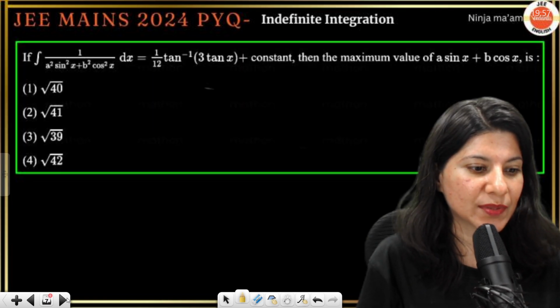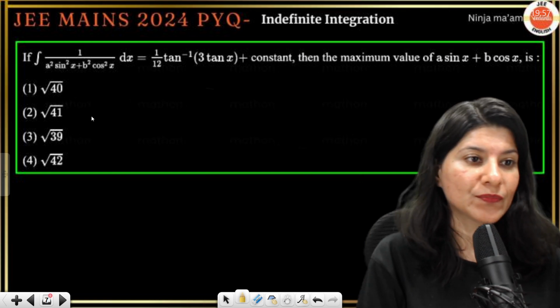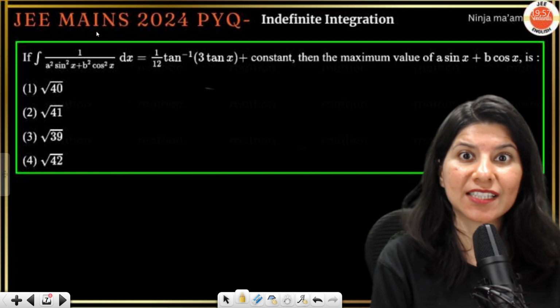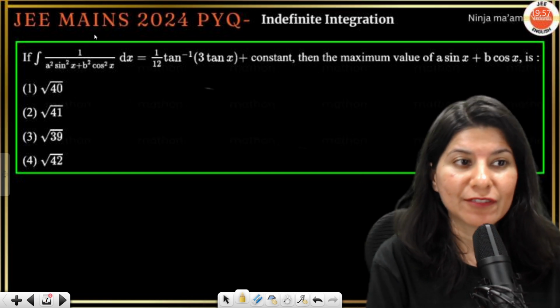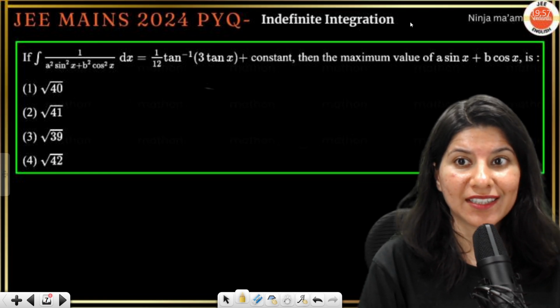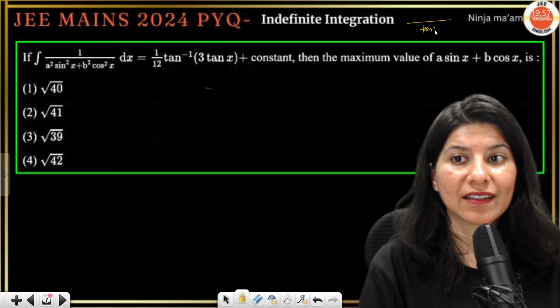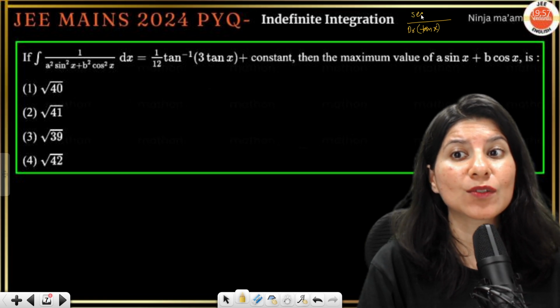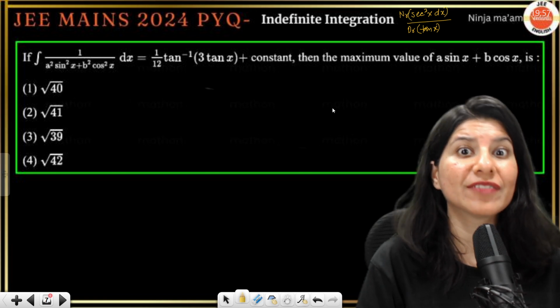Then the next question is a substitution form wherein you can create tan x in the denominator and sec square x dx in the numerator. This is of that type.